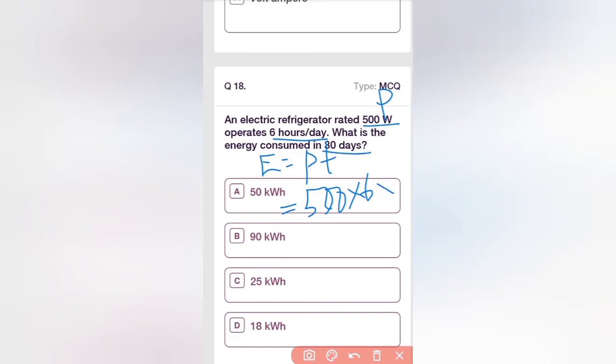So we need to multiply by 30 also. So we will get 3000 into 30. That is 90,000. So 90,000 means 90 kilowatt hour. So option B is the correct answer.